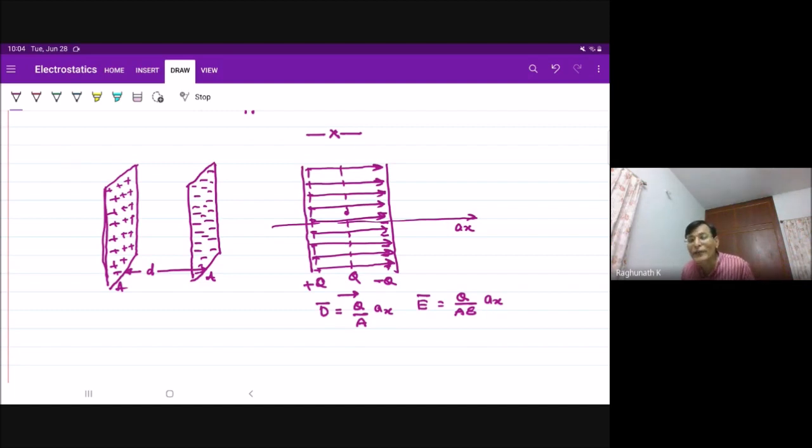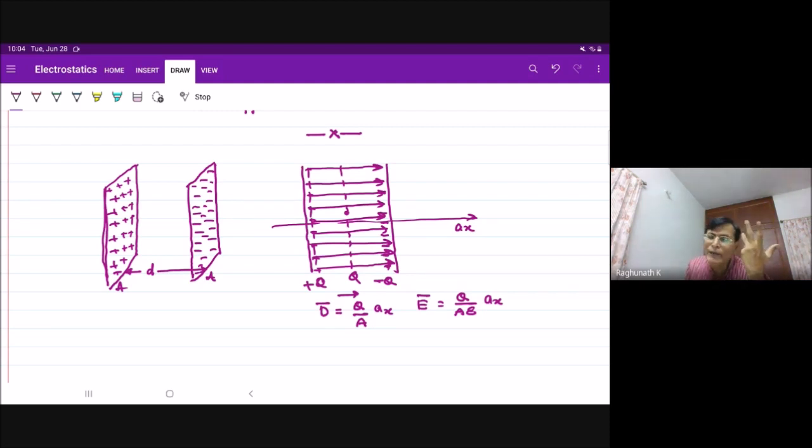Ultimately, we are going to determine the capacitance of this capacitor. Potential difference, we are going to determine. That potential difference depends upon d. But the electric field intensity in the dielectric between the plates of a parallel plate capacitor is a function of charge and area only.